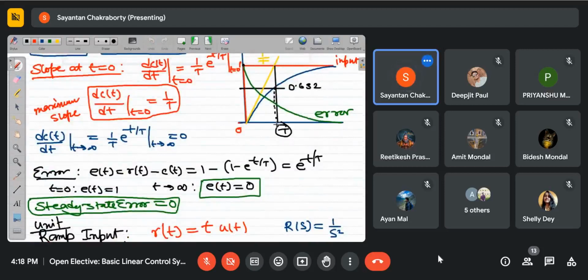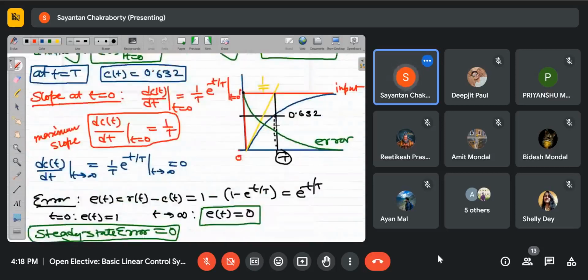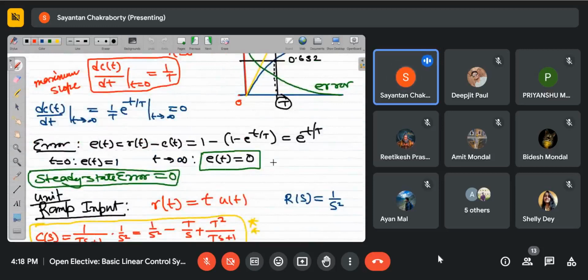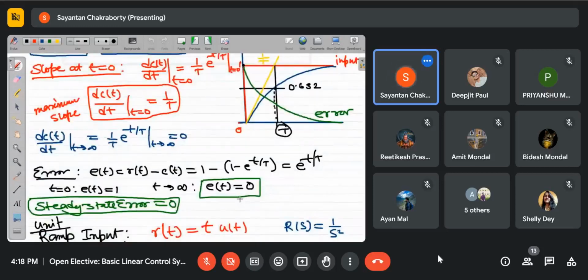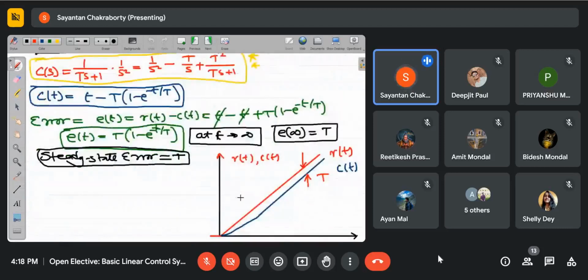Why? See, you can depict the transient response very accurately from the transient response analysis of step input. But what about steady state? A given system, the steady state is 0 for step, same system but for ramp signal it's giving a steady state error.